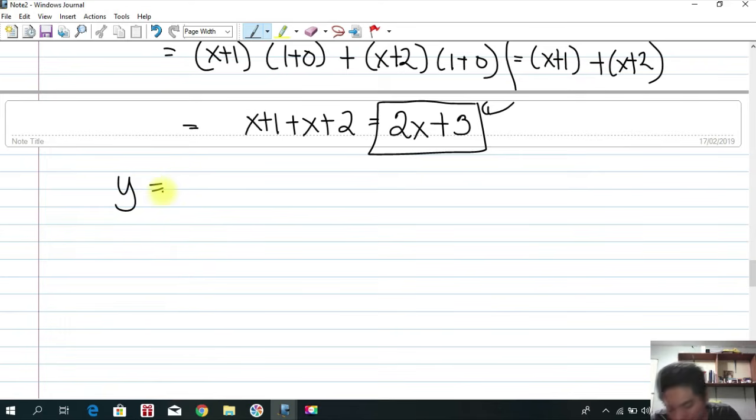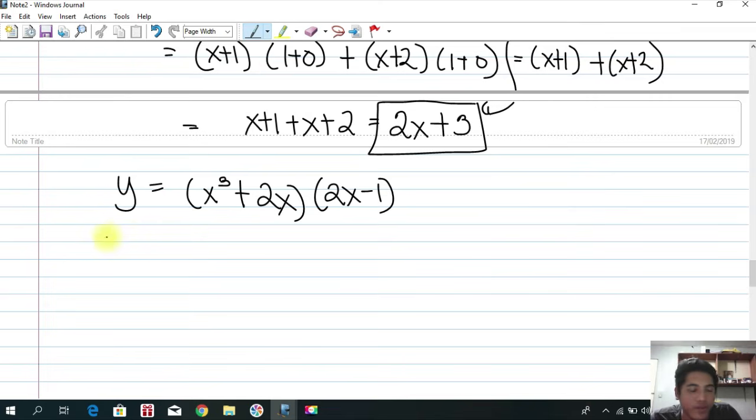We have y is equal to x cubed plus 2x times 2x minus 1. So if we're going to get the derivative of this, y prime, that is equivalent also to dy over dx. Simply, this is our u, this is our v.